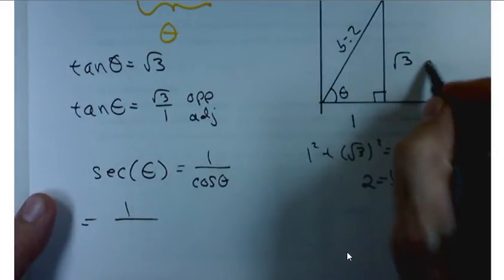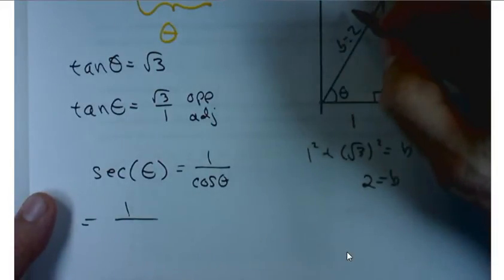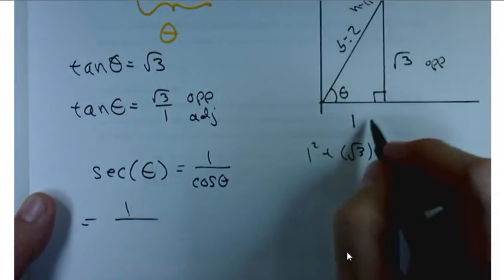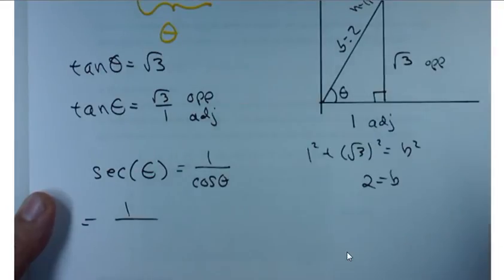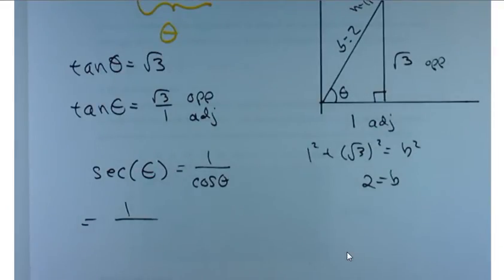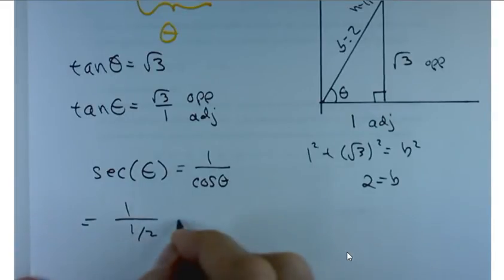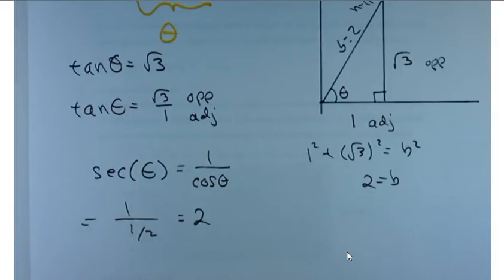Let's see. Opposite, hypotenuse, adjacent side. So adjacent over hypotenuse, 1 over 2. And the reciprocal of 1 over 2 is 2. Yay. I'm afraid so. Yeah, that's your answer. 2.